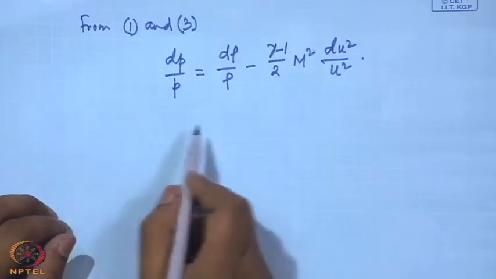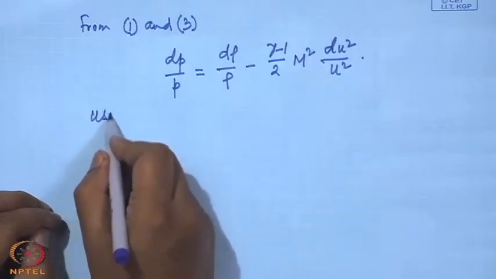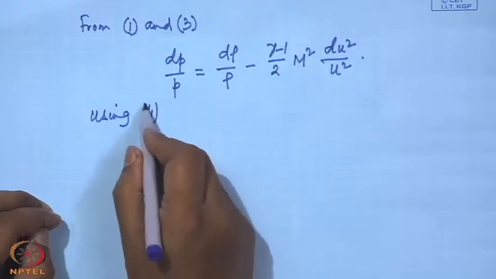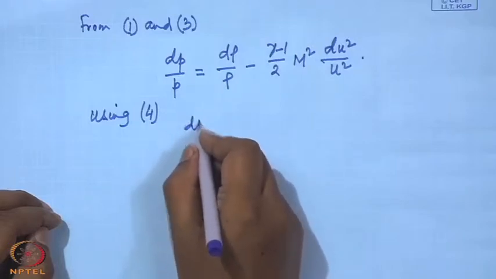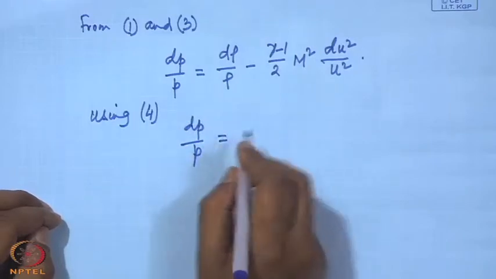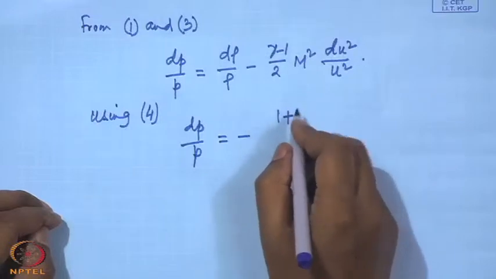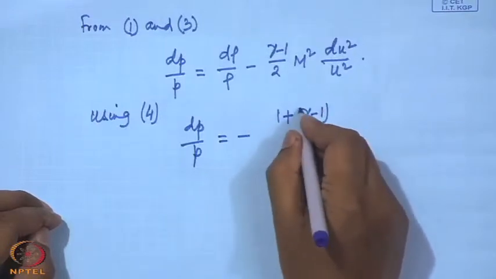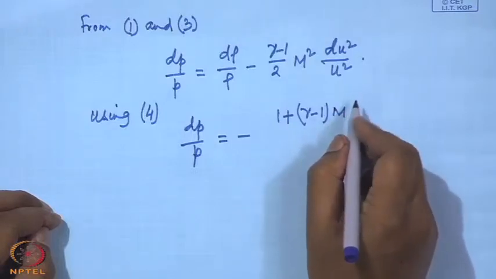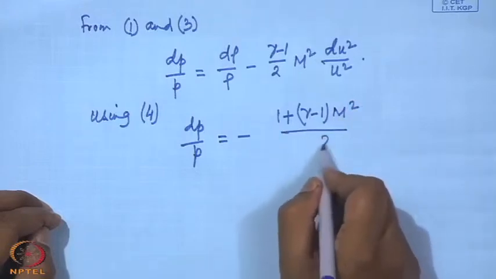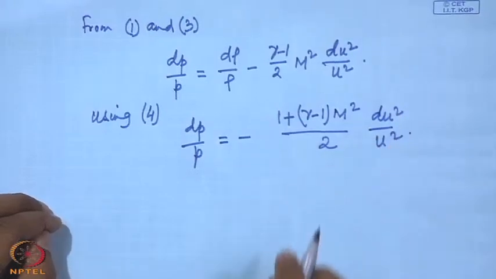Now, using equation 4, we replace d rho by rho and obtain dP by P equal to minus 1 plus gamma minus 1 by 2 du square by u square.